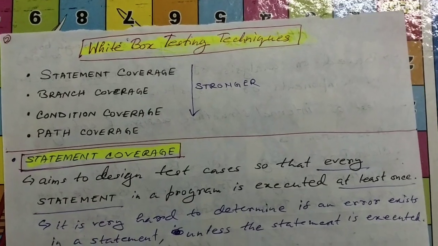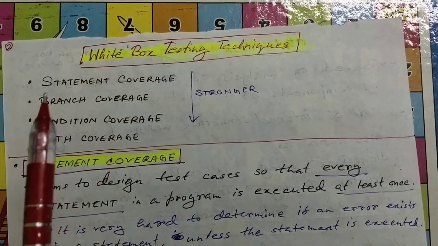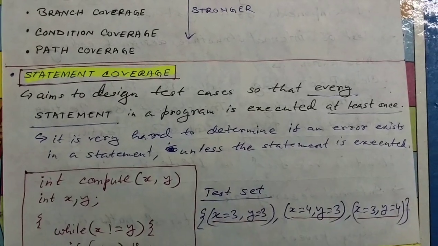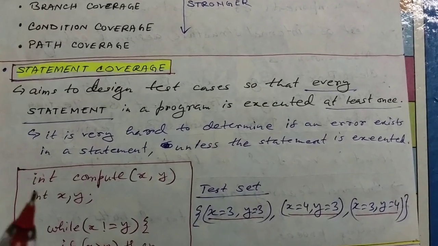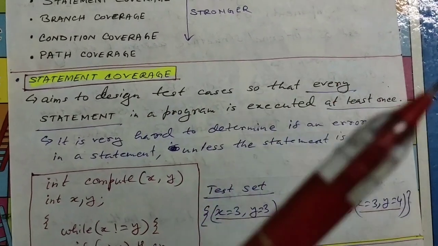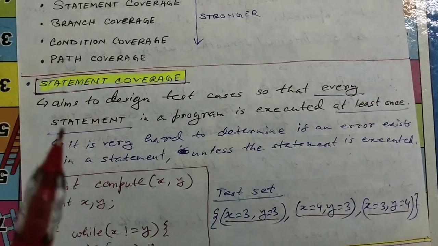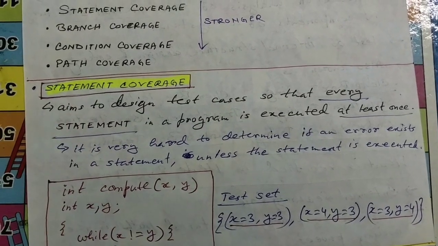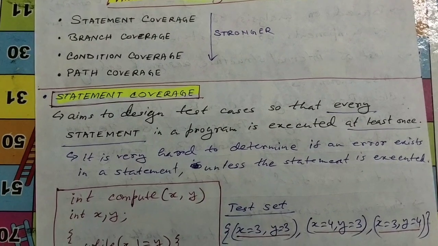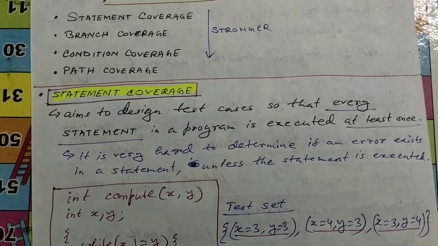Now coming to the first one, that is statement coverage. Statement coverage aims to design test cases so that every statement in the program is executed at least once. And it is very hard to determine if an error exists in a statement unless the statement is executed.